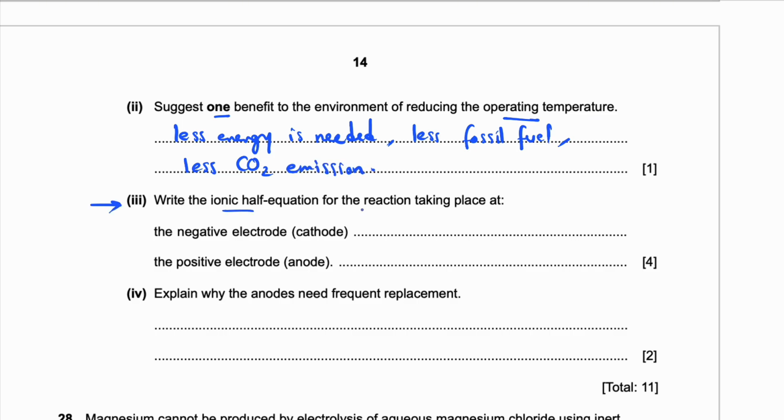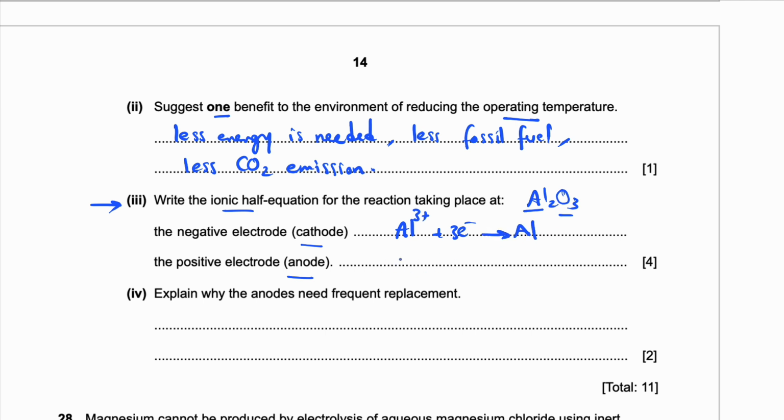Write the ionic half equation for the reaction taking place at cathode and anode. So remember the ore aluminium oxide, Al2O3, so we have aluminium cation and oxide ion. The cation at the cathode, aluminium, is 3 positive, so it needs 3 electrons and it gives aluminium Al without a charge.